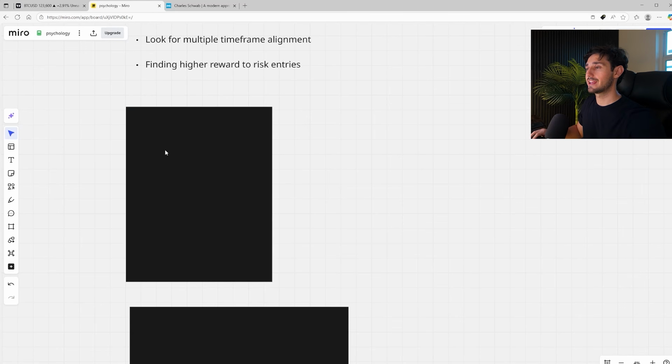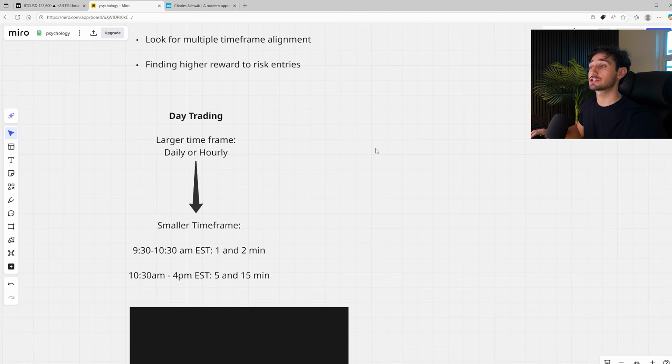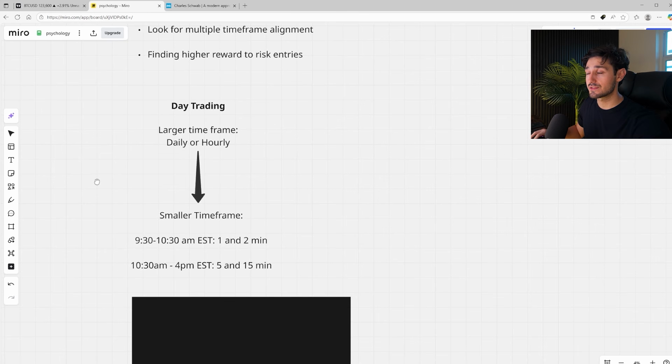So let's go ahead and break down the exact time frames that I'm actually looking at for my day trading. And at all times, I am looking at the daily and hourly time frames, and those are my higher time frames. So I'm always starting out looking at the daily and hourly time frames.